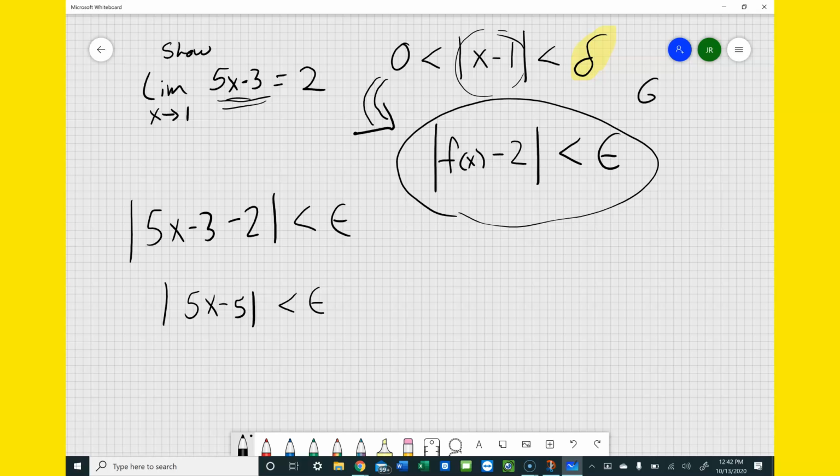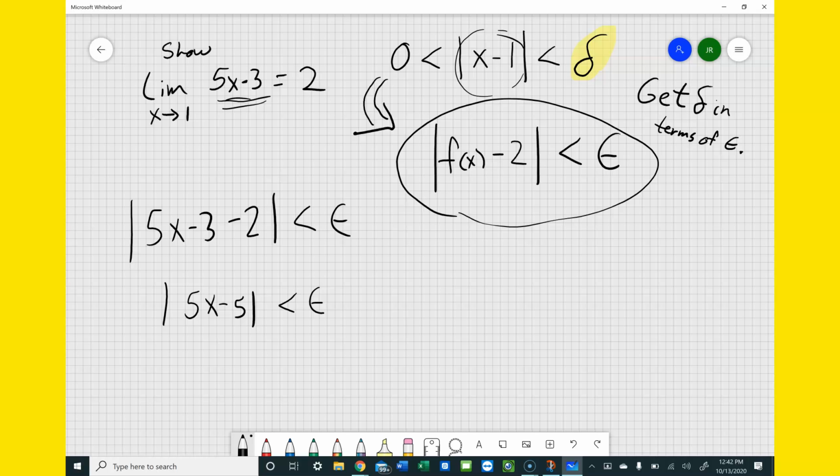I want to get delta in terms of epsilon, and that will do it. That will answer every question from the skeptic, because whatever he gives me, I've got a delta in terms of what he just asked. In other words, the answer will be in his question.